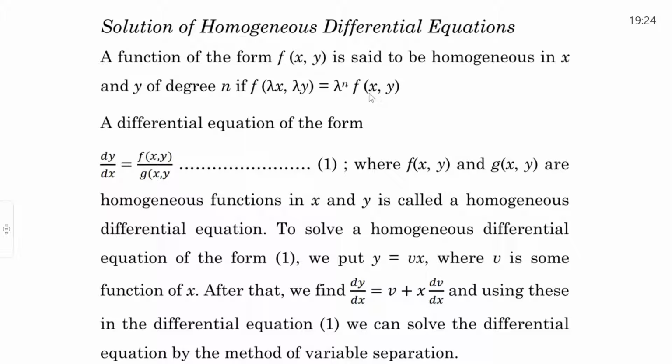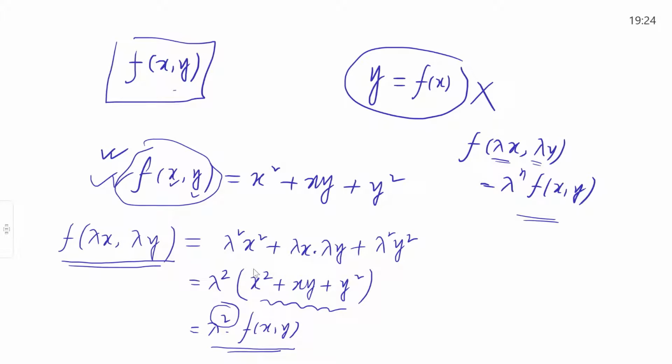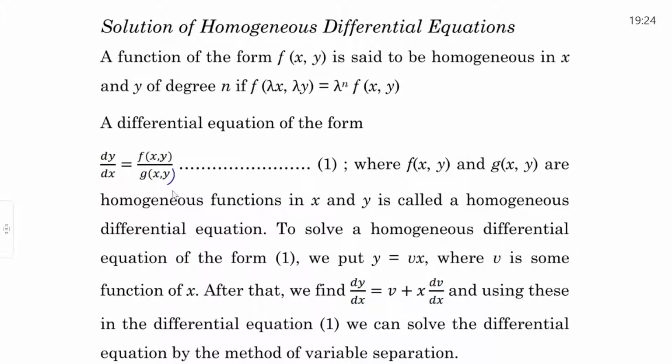Now we define the homogeneous differential equation. The differential equation of the form d y d x is equal to f of x y over g of x y, where the numerator is a homogeneous function f of x y and the denominator is also a homogeneous function g of x y. Both f of x y and g of x y should be homogeneous. So this will be a homogeneous differential equation.